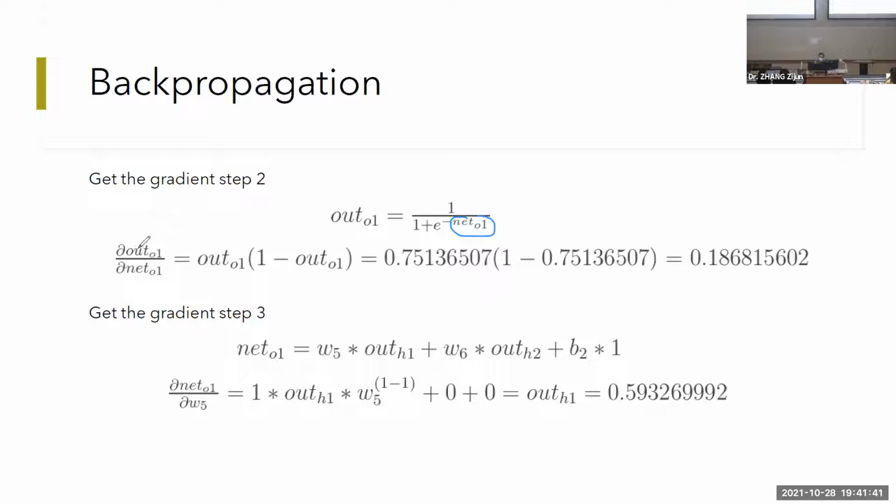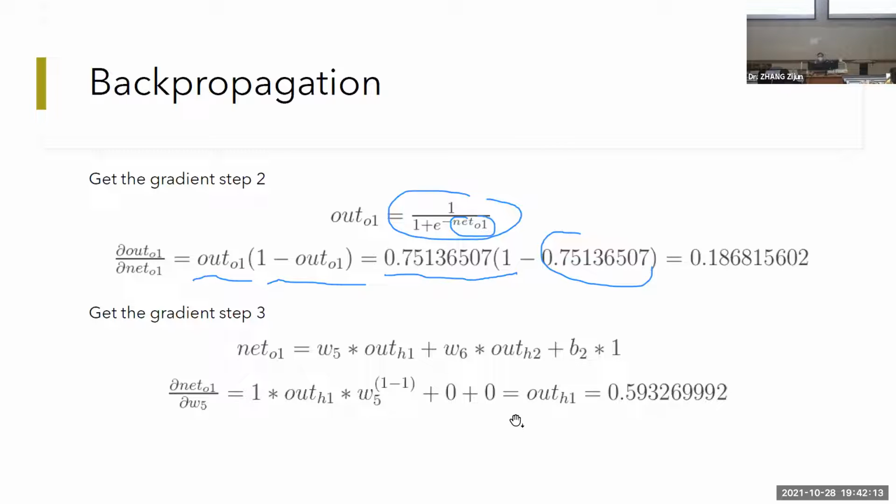Then we compute the second derivative. We take a derivative of this equation against the net o1. So it will be the output multiply 1 minus the output. And it will be 0.75136 multiply 1 minus this term.